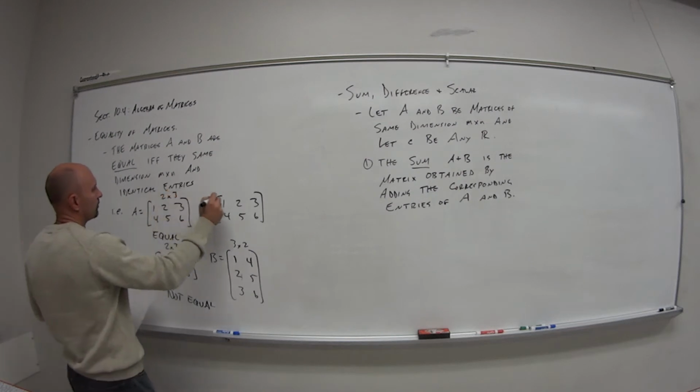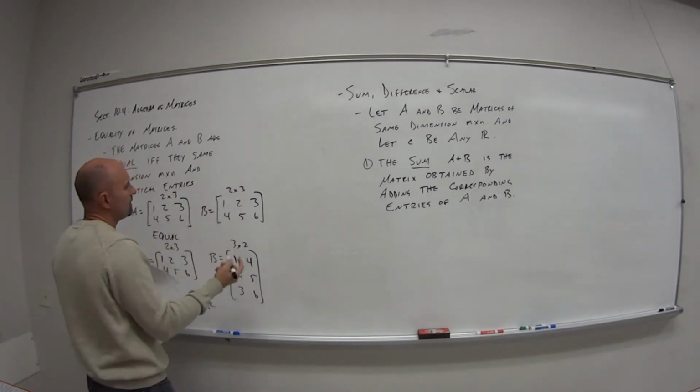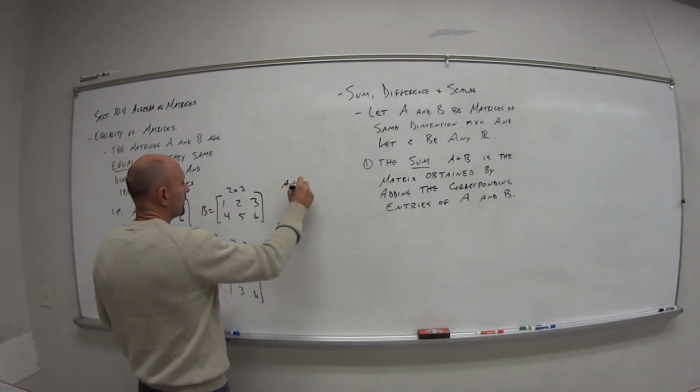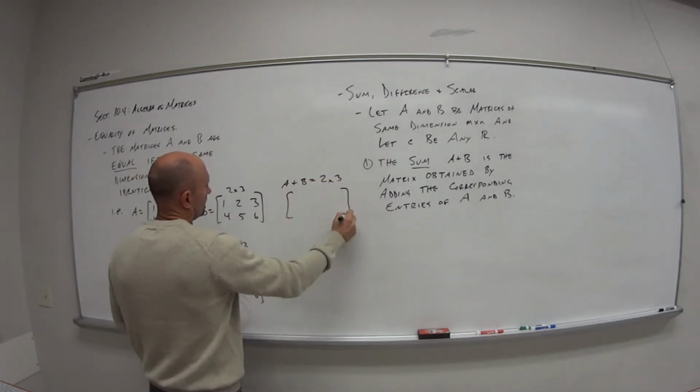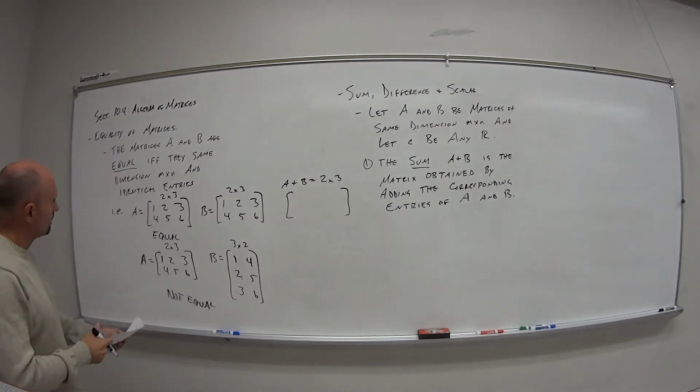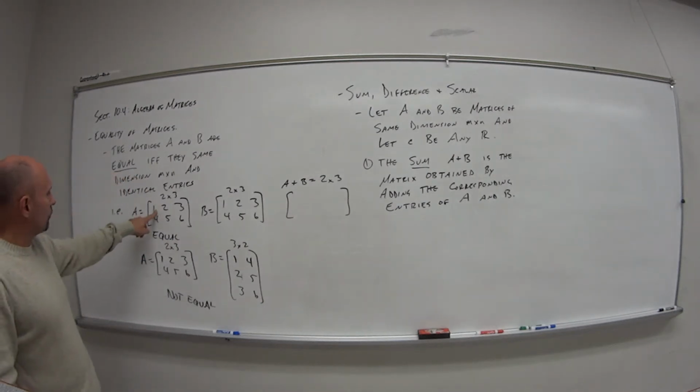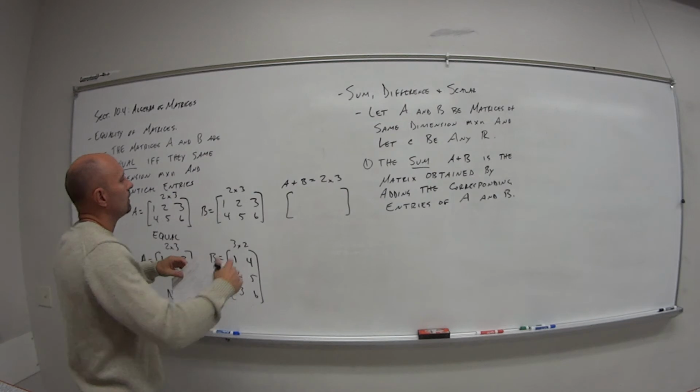Well, this is 2 by 3, this is 2 by 3, that's fine. So A plus B is also going to be a 2 by 3 matrix. So all I'm doing is adding the corresponding entries.